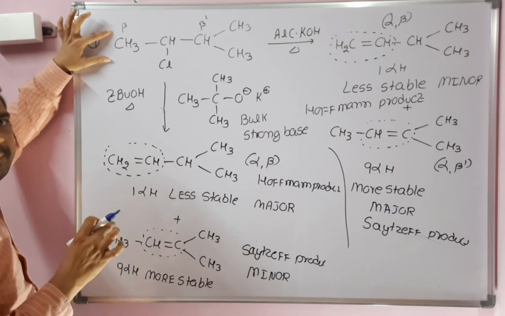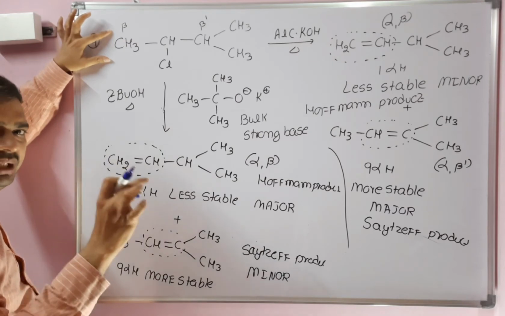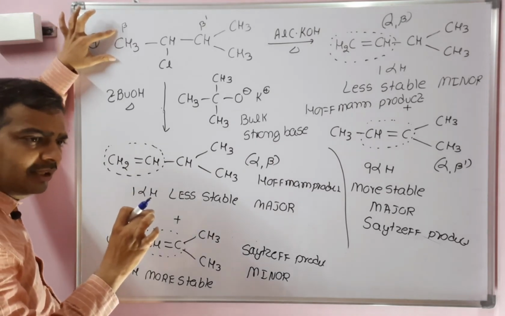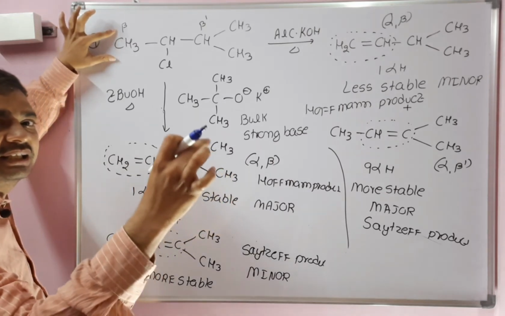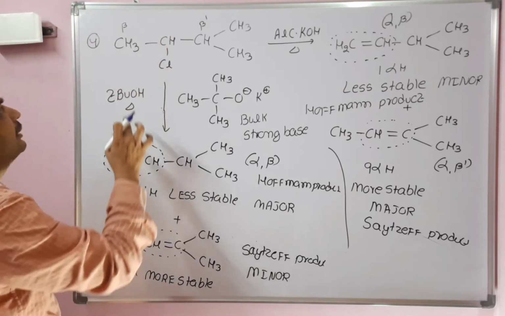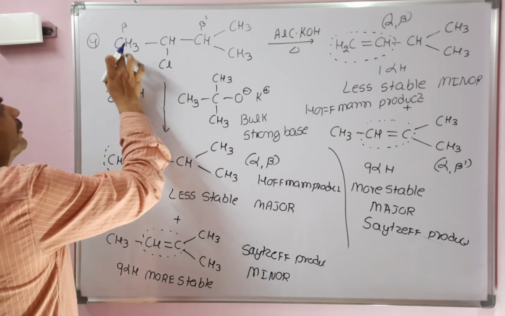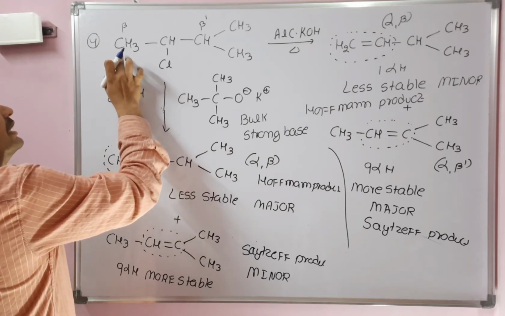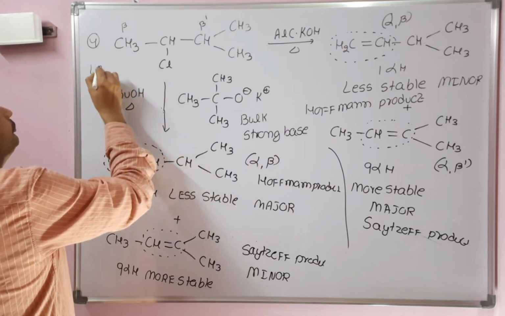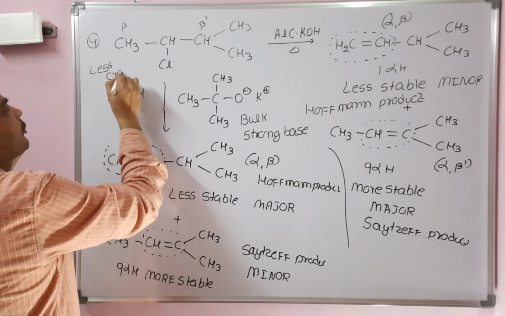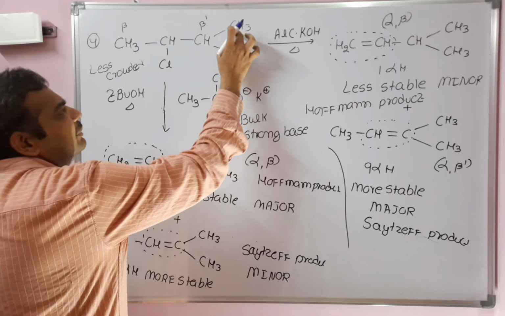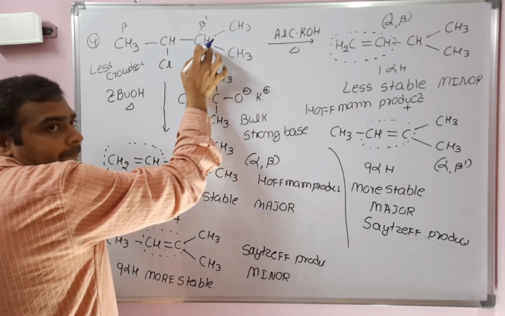If you see these 2 beta carbons, the bulky base will abstract from the beta carbon that is sterically less crowded. Here these 3 hydrogens are sterically less crowded. Whereas this one, the beta carbon, is more crowded. See, this methyl, CH2 crowd is there.